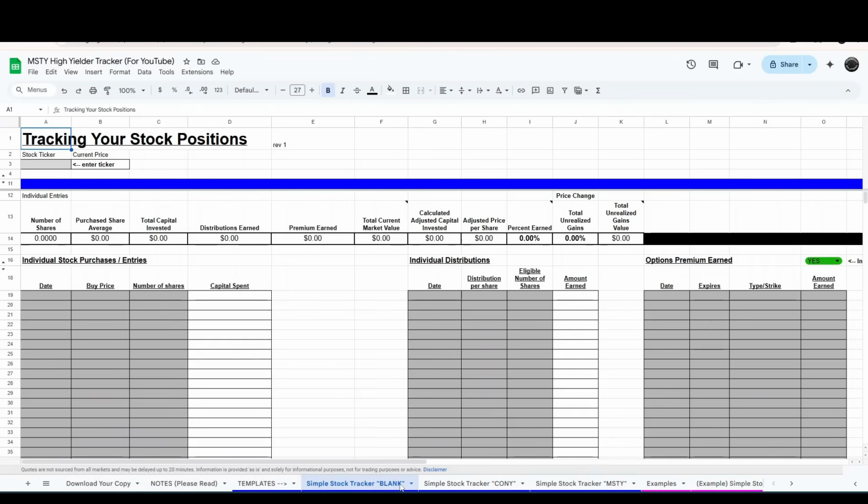And you can make a duplicate of that tab so that you can also track other ones as well. But it will look like this. It'll be blank with your tables. You enter in your ticker symbol, and then you start plugging in your entries that you've purchased and the distributions you've earned. And if you have any premium that you've earned, you can enter that into this table over here.